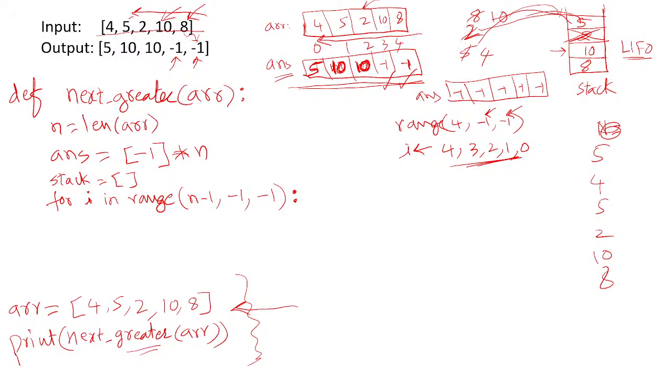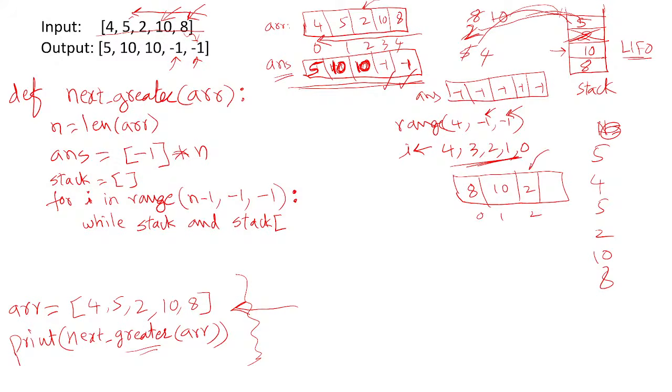Then here you need to check if your stack is not empty, so you can check with while stack. An empty list returns false. While stack means there are elements in the stack, and at the same time we check the stack top. Here the stack is implemented as an array. I have shown it vertically, but your stack array looks like this, for example 8, 10, 2, at indexes 0, 1, 2.